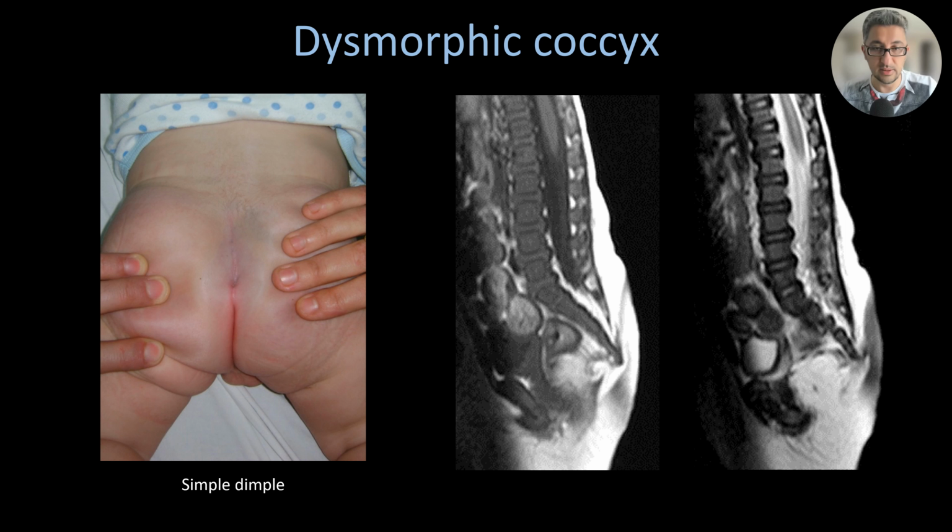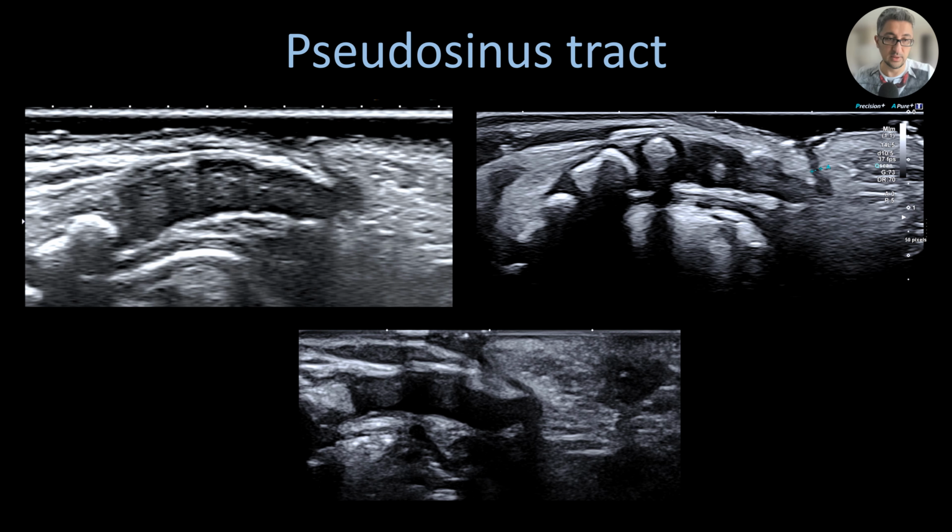And this dysmorphic coccyx can be associated with a pseudosinus tract. I like the term pseudosinus tract, which many authors prefer, because some of them were resected and shown to be a pseudosinus tract rather than a sinus tract with a lumen.